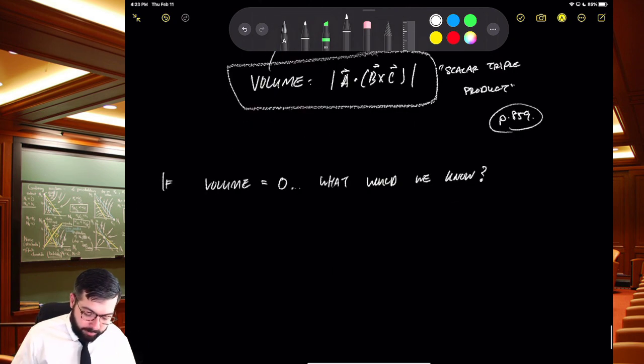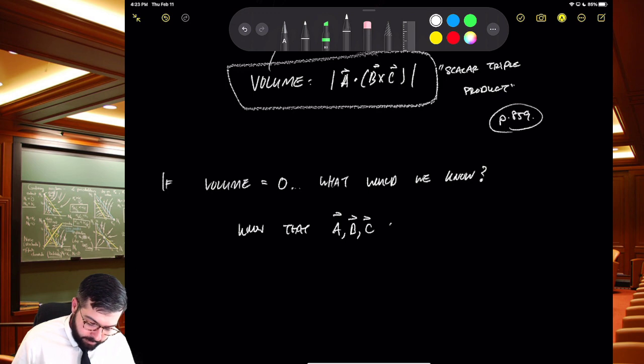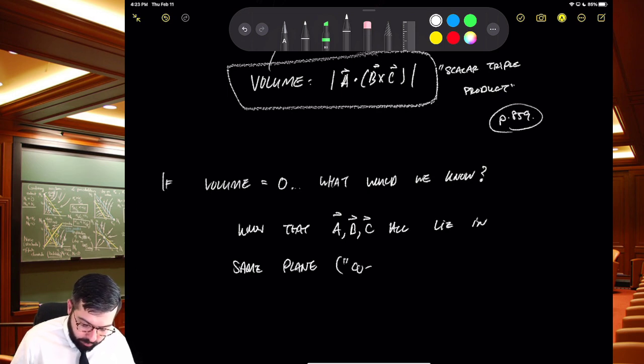So if volume equals 0, we would know that A, B, C all lie in the same plane, which we call coplanar. Planar. Or that they're all 0.